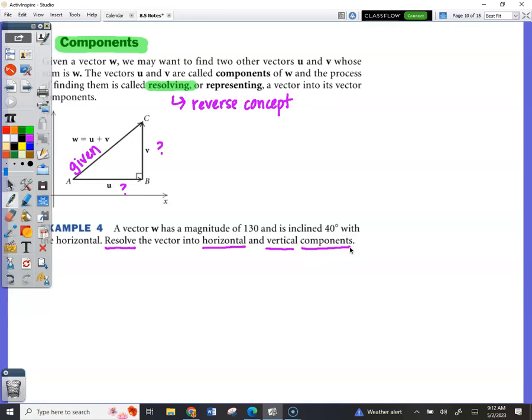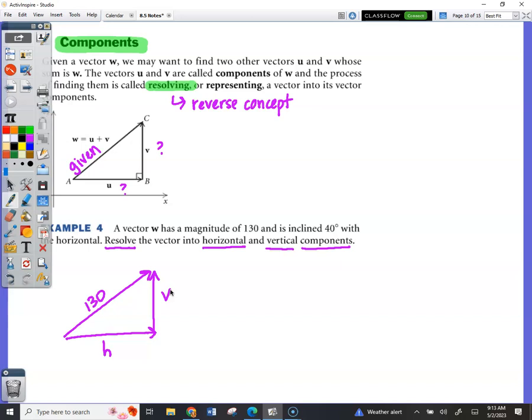Now let's draw a picture. It's a basic right triangle. We have a vector that they are giving me with a magnitude of 130. They want the horizontal, I'm going to call it H, and the vertical, I'm going to call it V. And they tell me that the resultant, the vector with a magnitude of 130, is inclined 40 degrees with the horizontal.